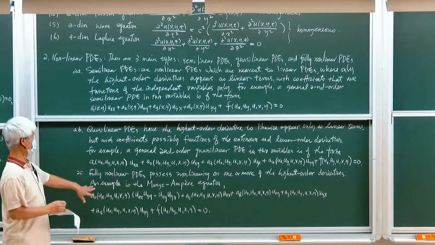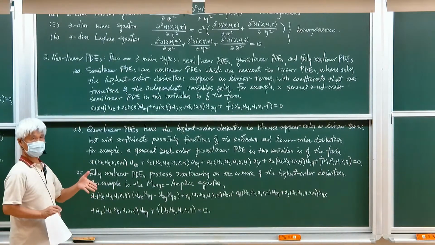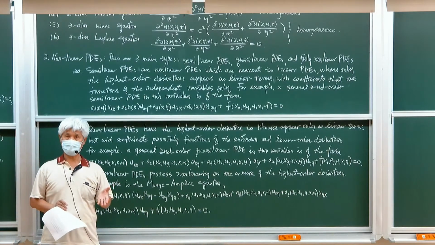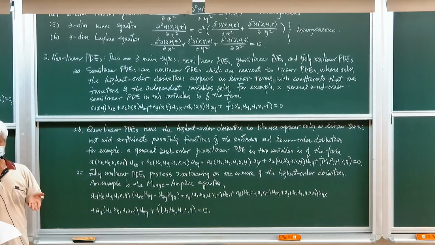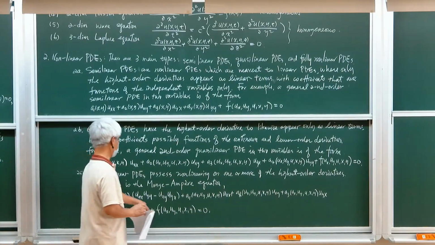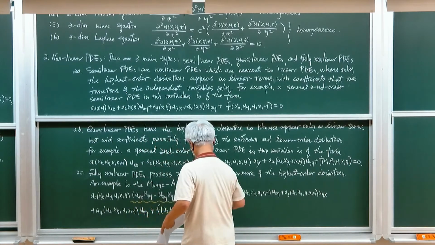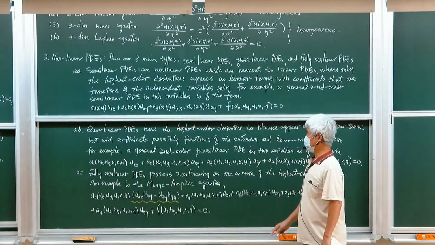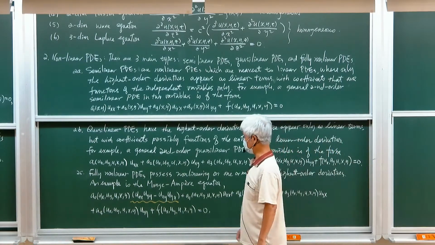Okay, so this is the so-called fully nonlinear, because we have nonlinearity on one or more of the highest order derivatives, especially here. You can see that. So this equation is called the Monge-Ampere equation.